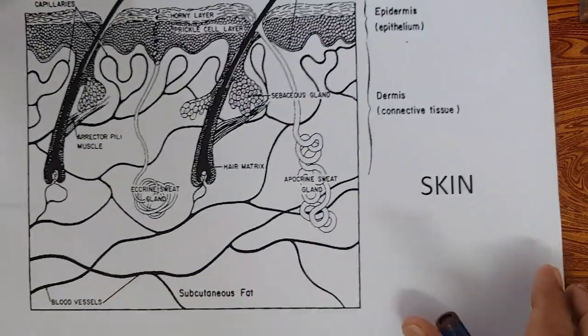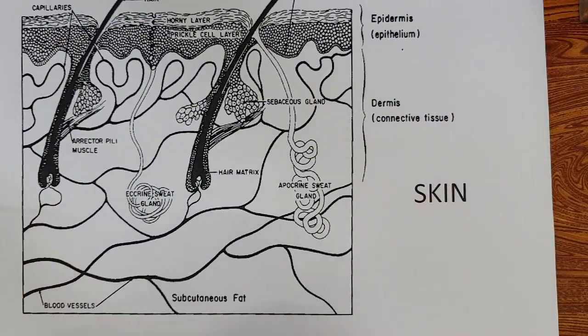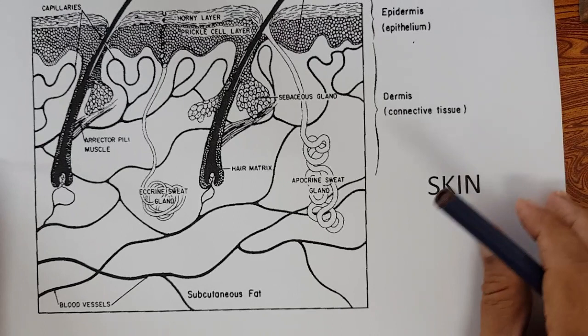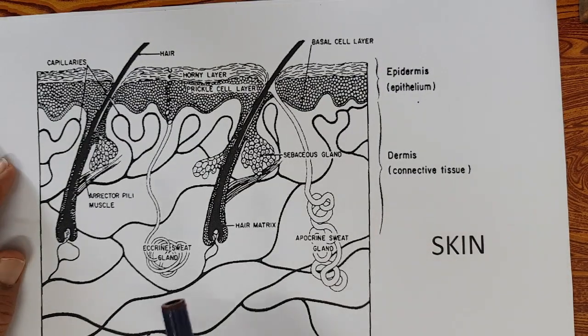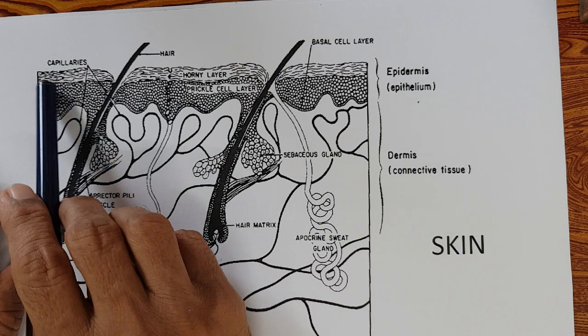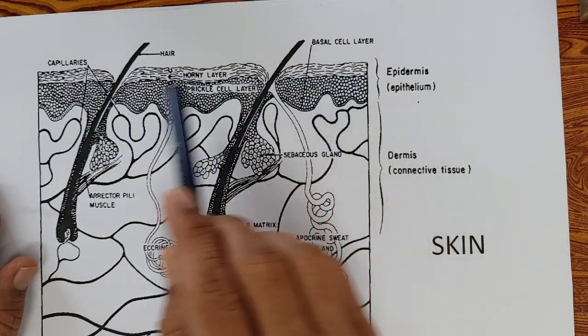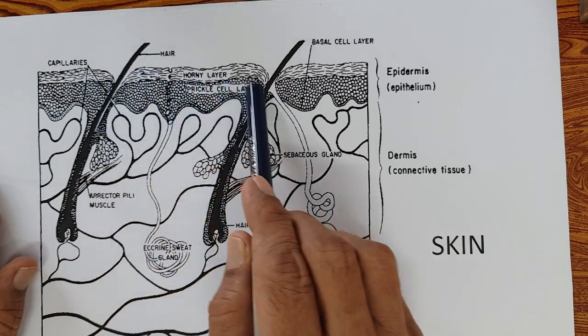Again, I am going back to the old picture. This is skin, right? And all the emolliency and humectancy in the skin is required for the outermost layer of the skin called the horny layer or the stratum corneum.